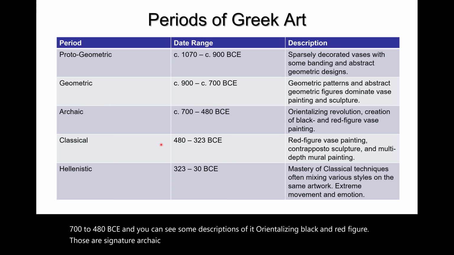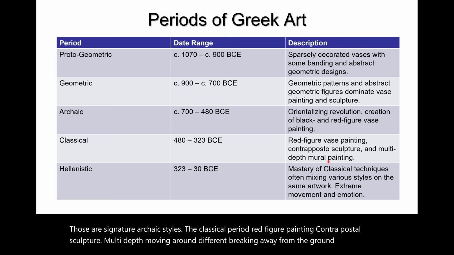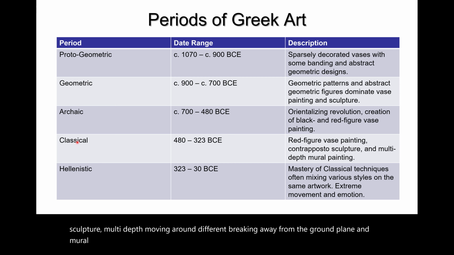The classical period: red figure painting, contrapposto sculpture, multi-depth, moving around, breaking away from the ground plane, and mural painting. That's all typical of classical artwork. Austere, stoic facial expressions, very classical.